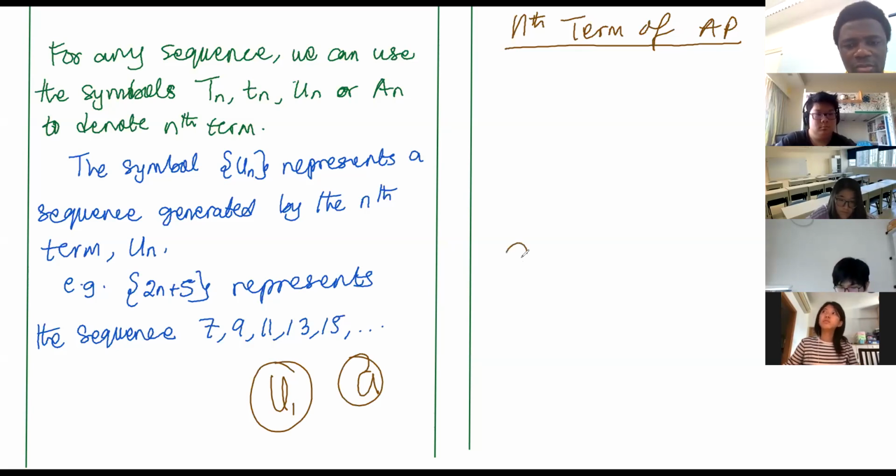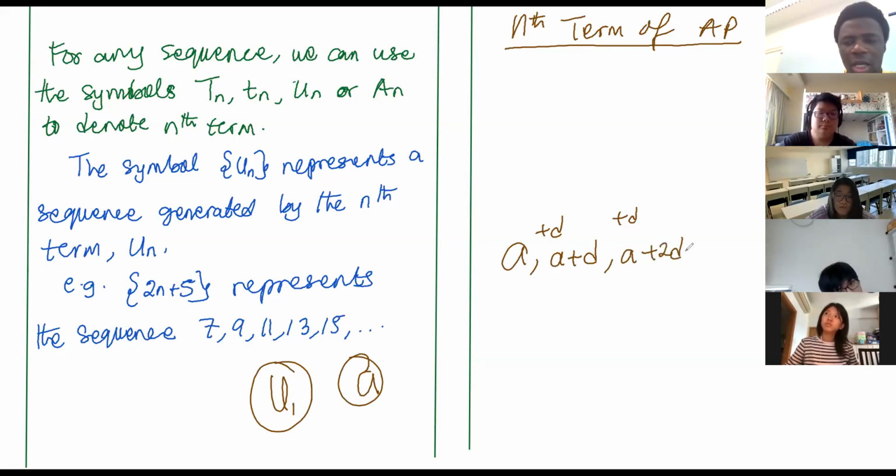The first term is A. The common difference is D, which means D is being added, right? Then the second term will be A plus D, right? D will also be added. Then the third term will be A plus 2D. Do you agree? Another D will be added. Then the next term will be A plus 3D, okay?